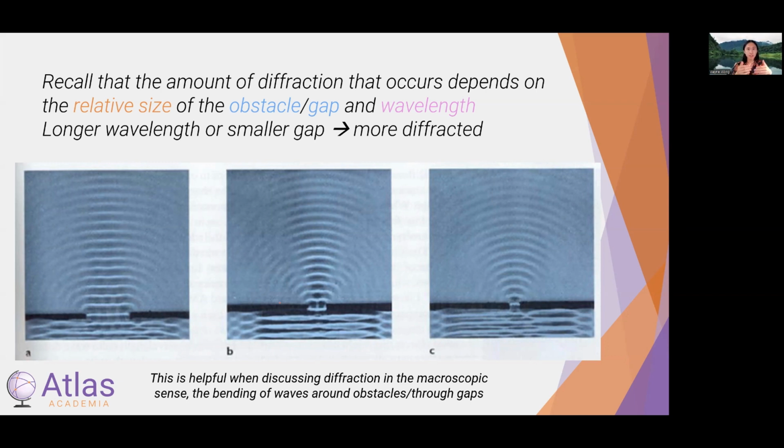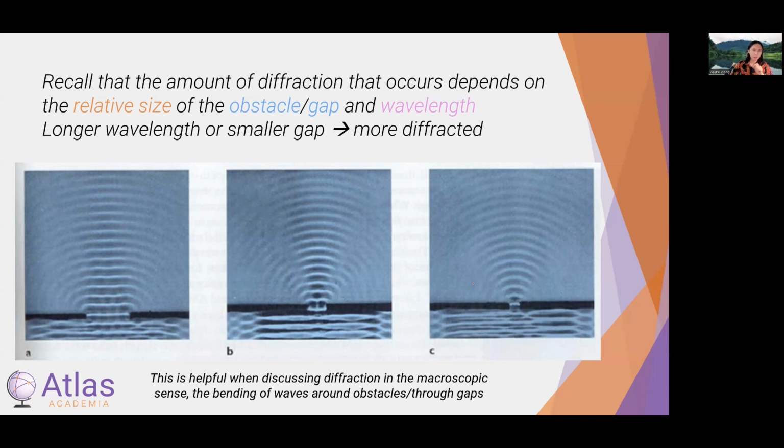So it's filling up all of the space. It's bending like it is in these cases. So it's diffracting. Now, in these macroscopic cases, the big world that we actually experience, it makes sense to say that more diffraction has occurred, more bending has occurred, for longer wavelengths or for smaller obstacle sizes. Thing is, it's not really appropriate to use this when we're talking about diffraction patterns, especially for single and double slits. Here's why.